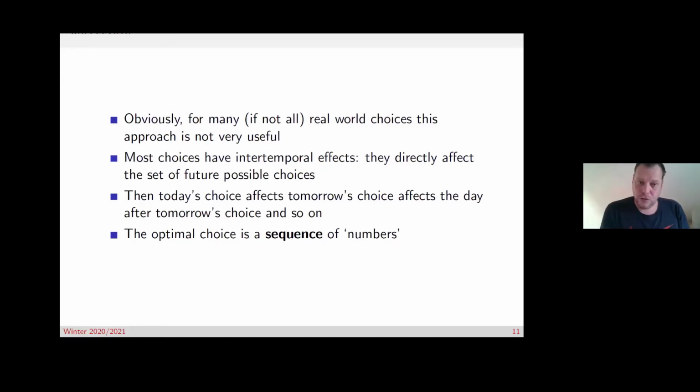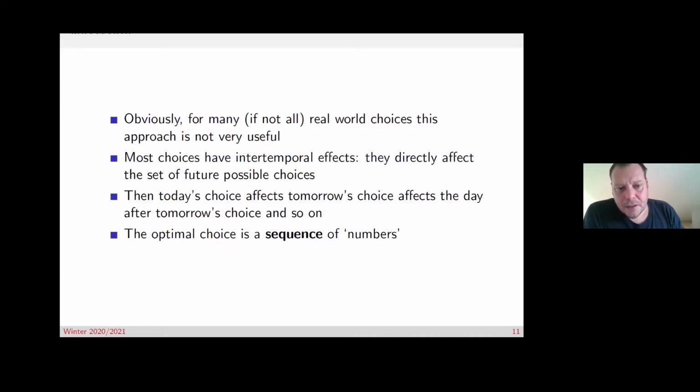So if you choose something today, a rational agent would have to think through this possibly very complex notion of what will happen in the future due to my choices. Okay, I don't know, I attend the lecture today and I learn something today, and this helps me tomorrow by doing something, and this has so many effects that it's very difficult at first glance to structure this problem, to find the optimal solution.